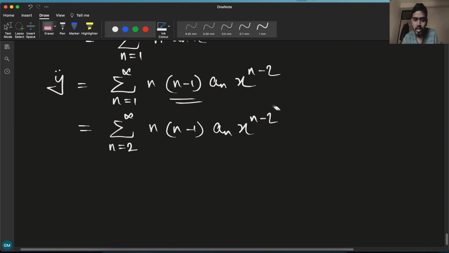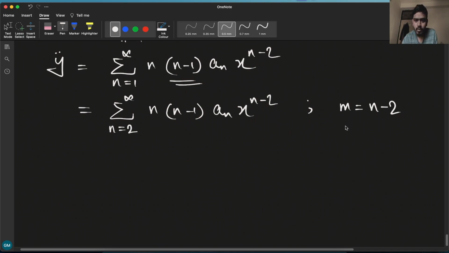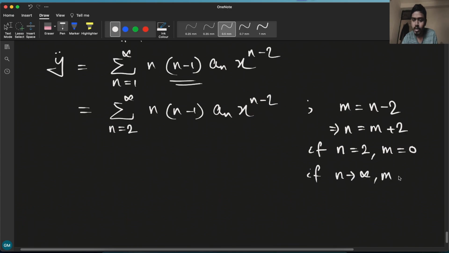So what we will do is an index shift. We will take m equals n minus 2. It implies n equals m plus 2, and when n equals 2, m equals 0, and if n tends to infinity, m also tends to infinity, right?